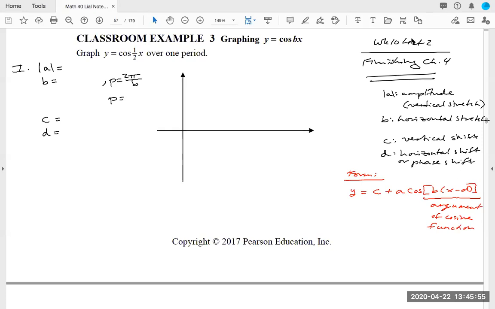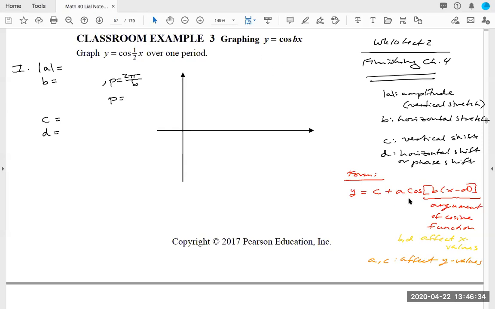Those b and d values affect your x values from the parent graph, and a and c affect y values. I already covered that in the last video, so if there's still some confusion, go back and check that first, and then if you have questions, you can ask me.